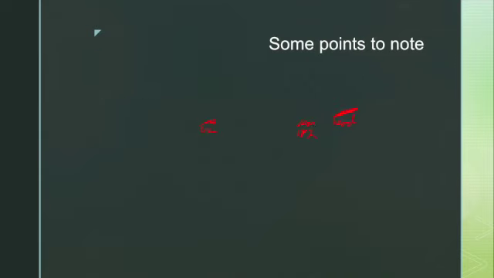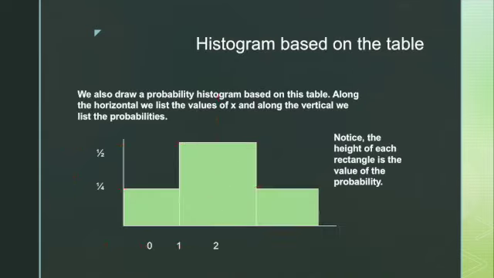So let's go back real quick and label the areas in here. The areas of our table are 1/4, which is 0.25, 1/2, which is 0.50, and 1/4, which is 0.25. Remember, the probability of all possible outcomes occurring is 1. So here I have 0.25 plus 0.50 plus 0.25 equals 1. Notice this will always be true on a histogram.